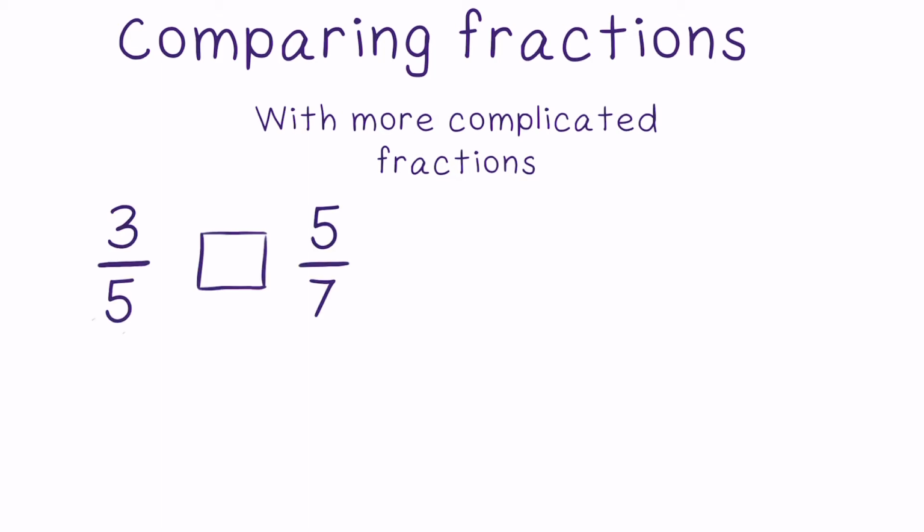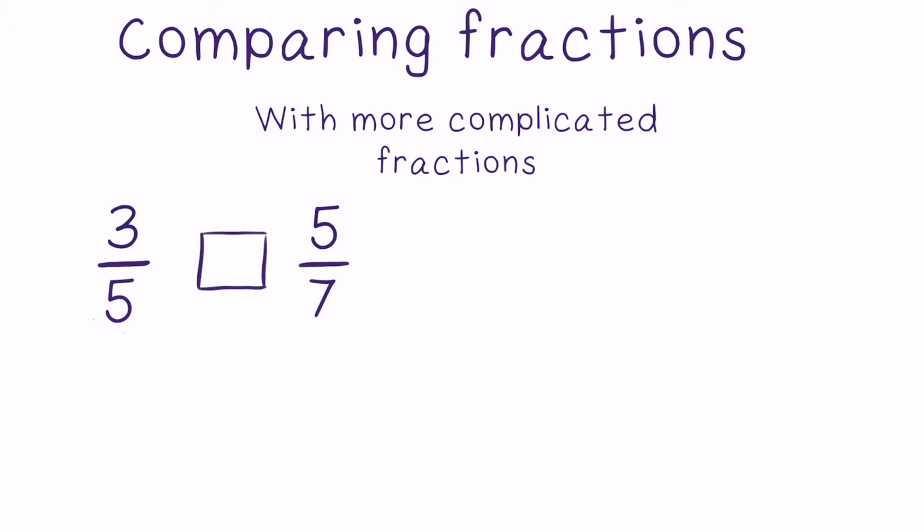We're going to start by comparing these two fractions, 3/5 and 5/7. As we look at these fractions, we're going to notice that the two denominators, 5 and 7, are not common, and they also don't share a factor.